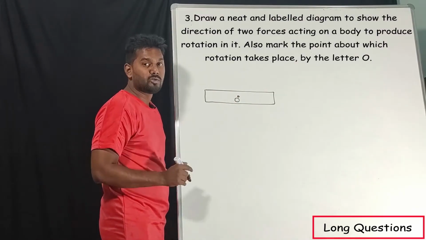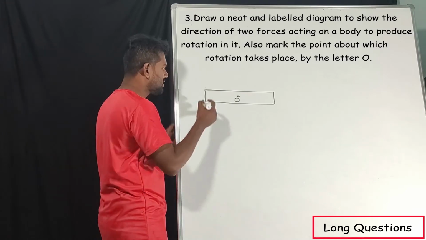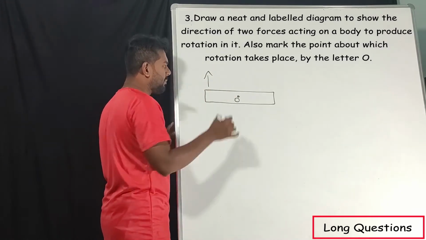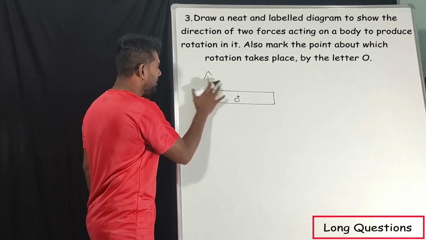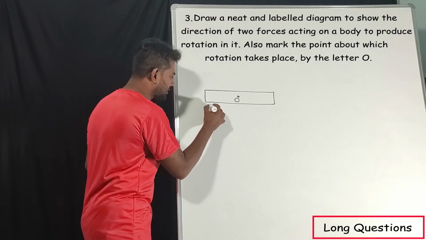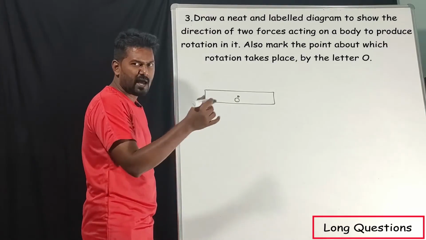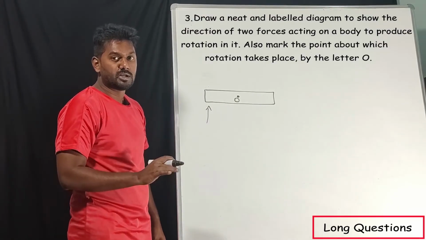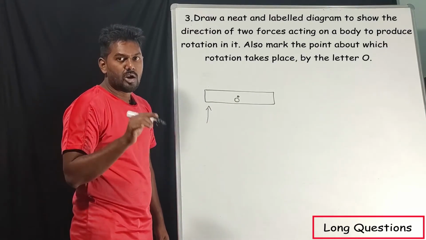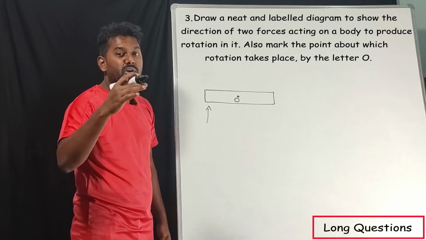But in the question, they have told we have to use two forces. So, assume I am applying a force in this direction. If I apply the force in the same direction, two forces they have given, but they have not mentioned two different forces. Correct? That means two different magnitude forces.